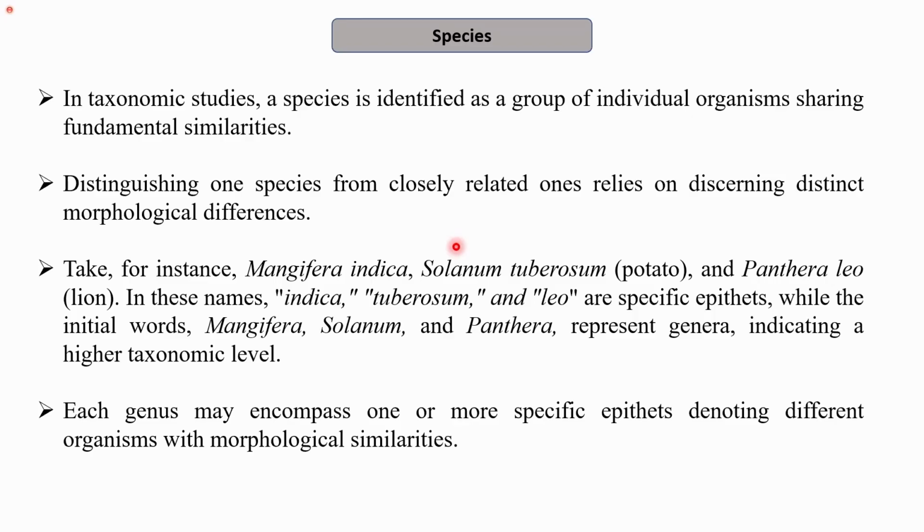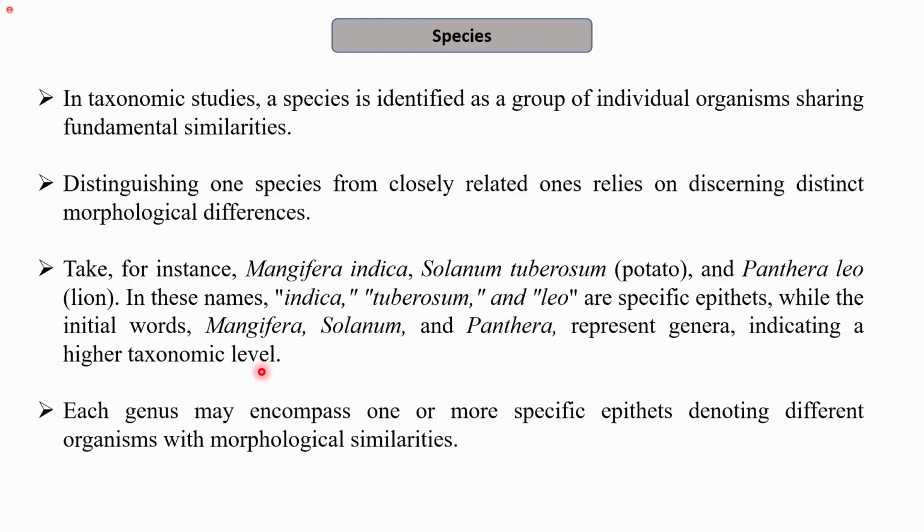As we learned in the last lecture on binomial nomenclature, the names indica, tuberosum and leo represent the specific epithet or the species, while the initial words Mangifera, Solanum and Panthera represent the genera, which indicate a higher taxonomic level, the genus.